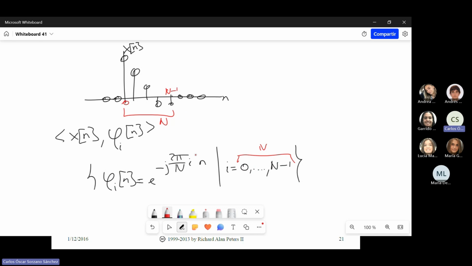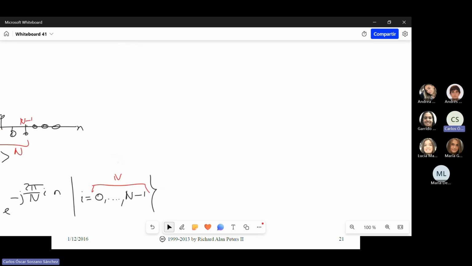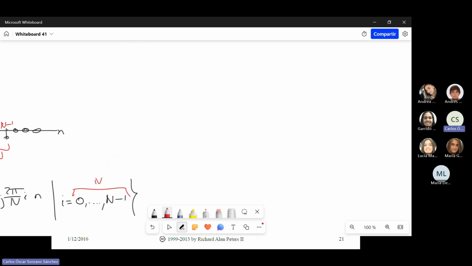So we were assuming that these ones are orthonormal. So they have unit length. What happens if our things don't have unit length? So let's say that we have a basis. Let's do it with vectors, which is easier. So let's say that we have a basis u1, u2, u3. But they don't have unit length.